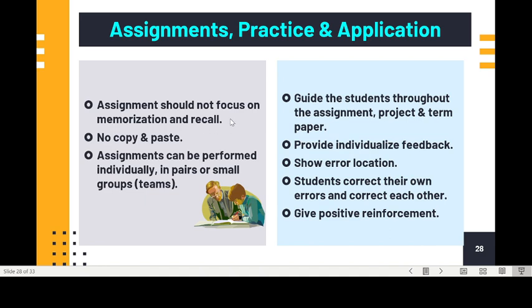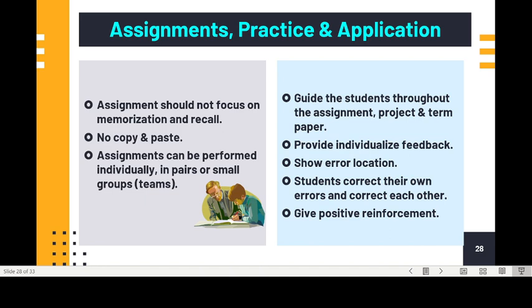They should not duplicate questions and assignments in the book. They should not copy-paste. The assignments can be performed individually, in pairs, or small groups. We have to provide guidance.